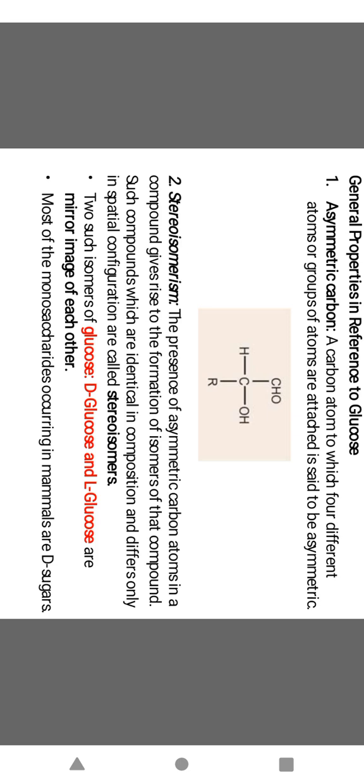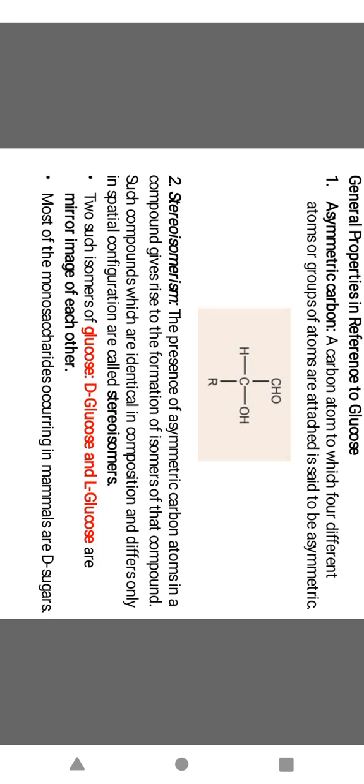The next character is stereoisomerism. The presence of this asymmetric character of carbohydrate gives rise to the formation of isomers of that compound. That means glucose and other carbohydrates have the asymmetric carbon atom, so that can produce isomers.